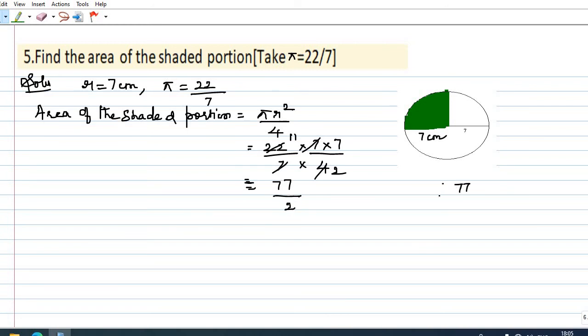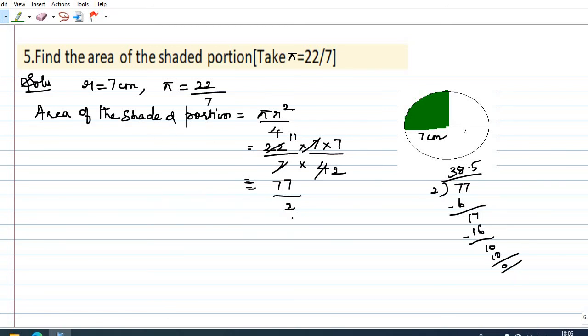Just do it in the rough column. 77 divided by 2. 2 3s are 6, balance 1, and 2 8s are 16, balance 1, and keep your decimal. Decimal there, and 2 5s are 10.